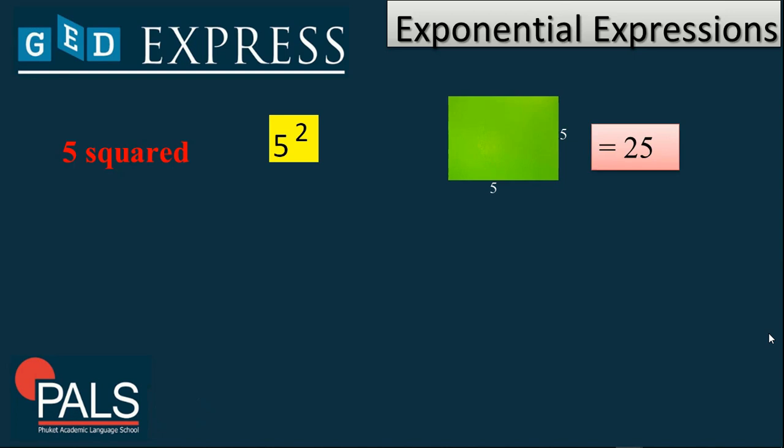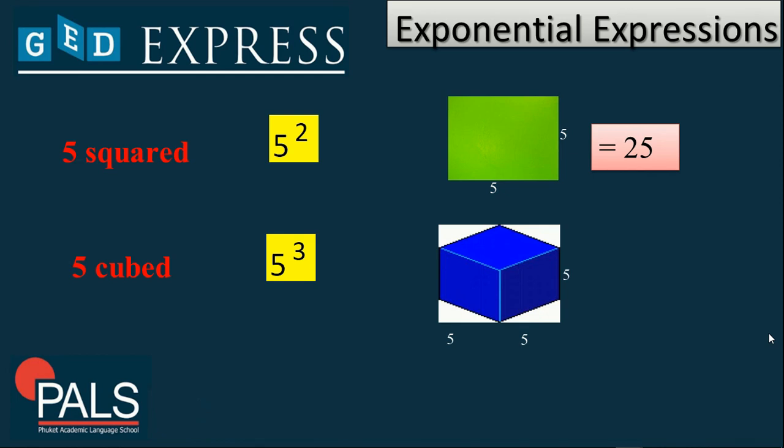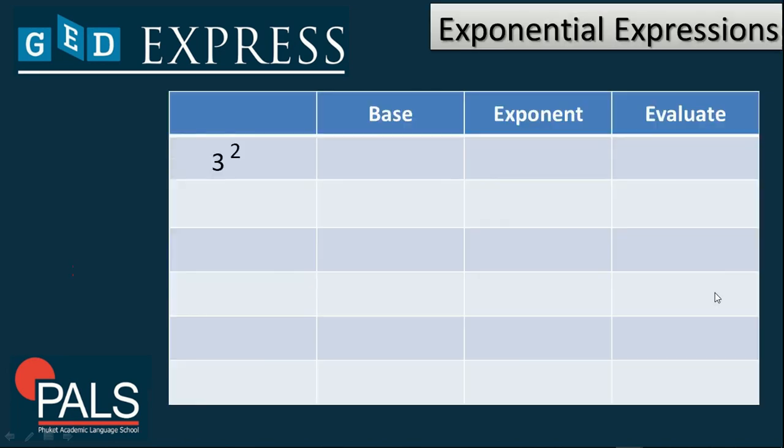Like, for example, this square, to find the area, that will become 25. For example, 5 cubed, that would be 5 raised to 3. So we have here a cube, so the answer would be 5 times 5 times 5, which is equal to 125.